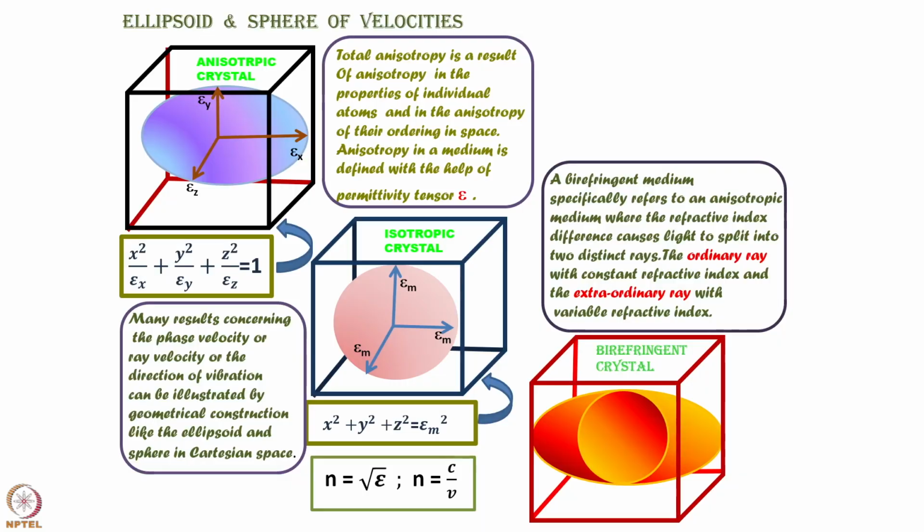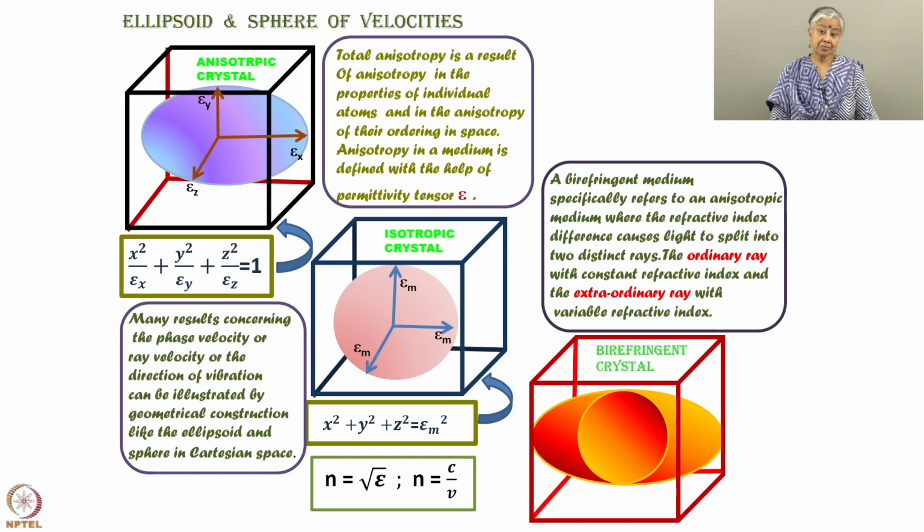Let us see what anisotropic and birefringent materials are. We have to find a material where n omega and n 2 omega are equal, then only delta n will be equal to 0. Such a thing is possible in anisotropic crystals.